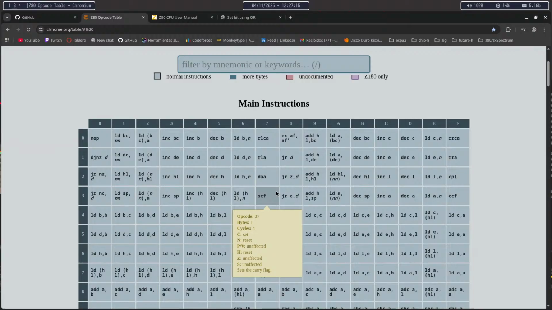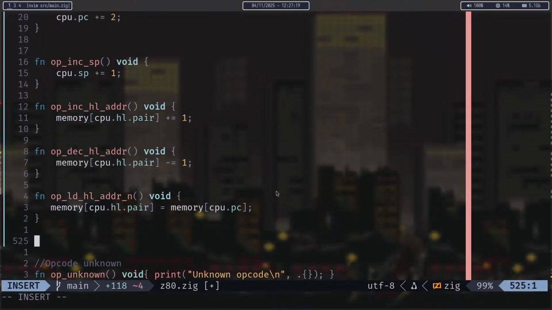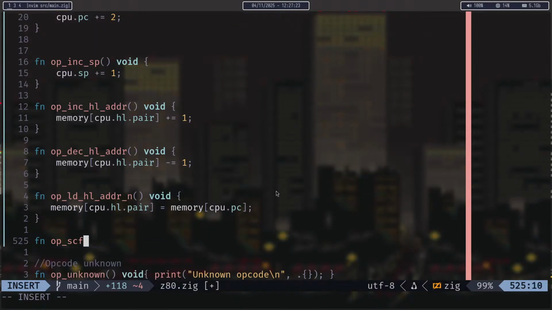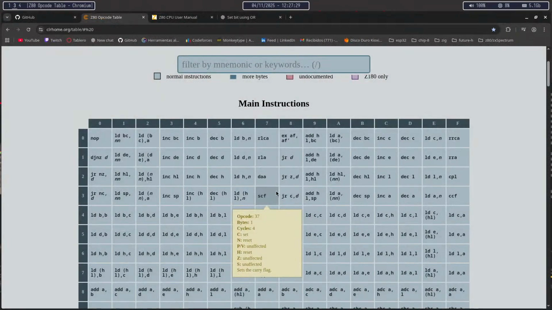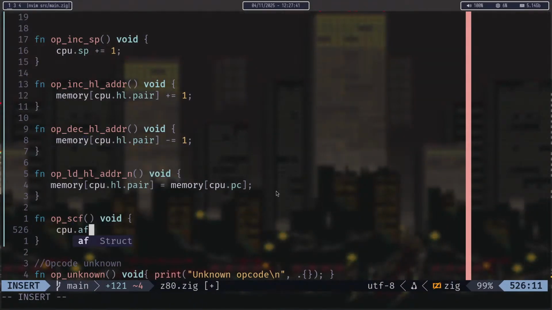SCF sets the carry flag. Sounds simple enough. SCF, set carry flag. Right, so if I set the carry flag. But here's the thing: in an instruction that says set the carry flag, why do I have to reset N and H as well? I have no problem doing that. cpu.af.bytes.low.